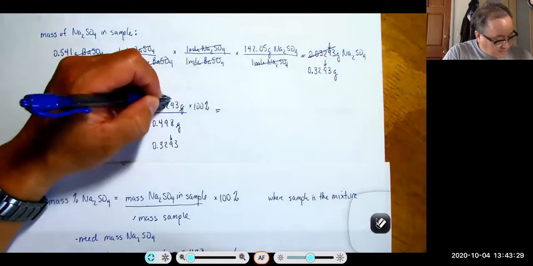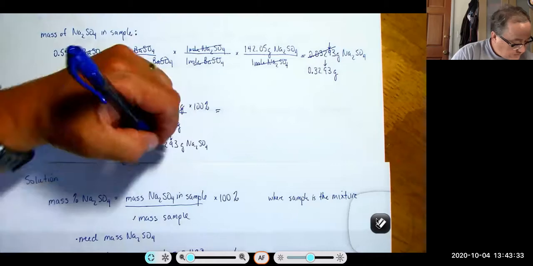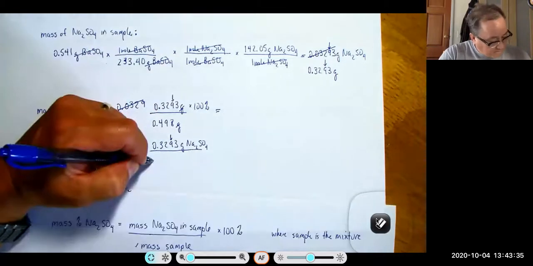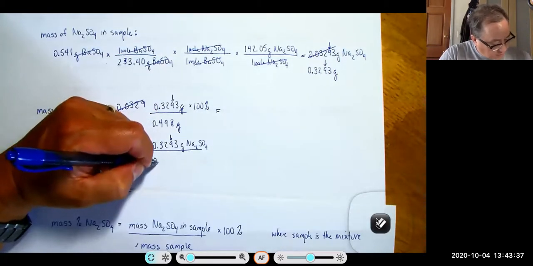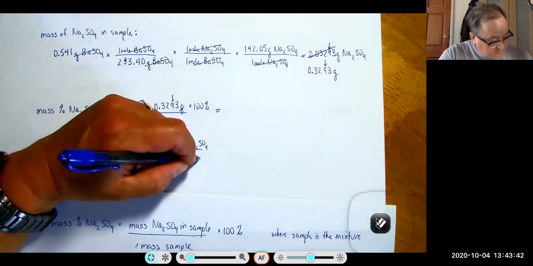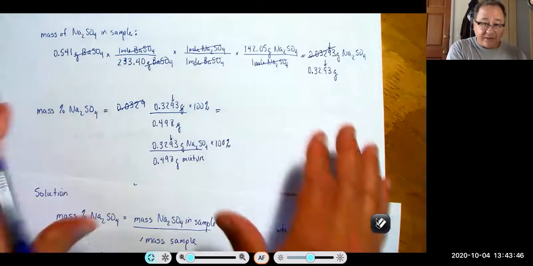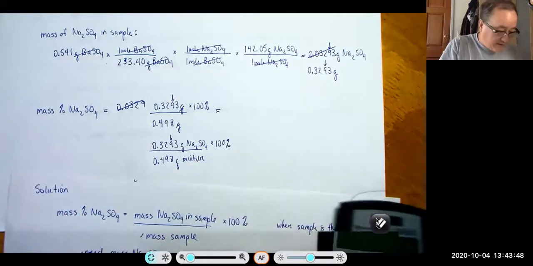Put my little arrow there. Grams of sodium sulfate per 0.498 grams of mixture times 100%. And let's see how these look differently when we finally solve the problem.